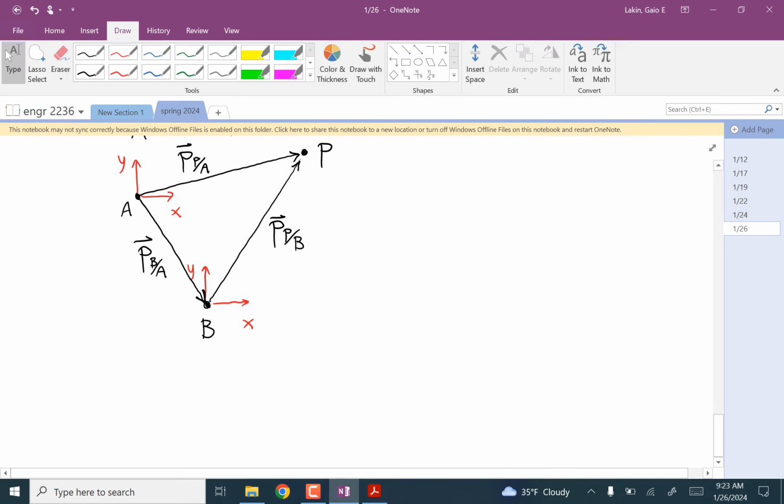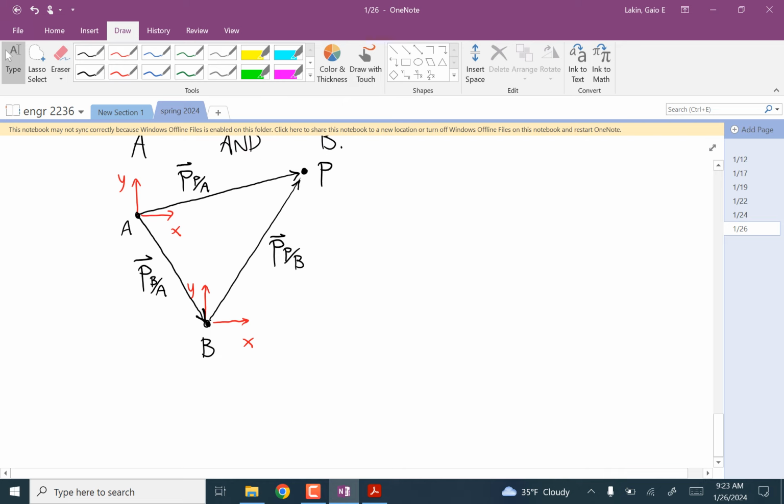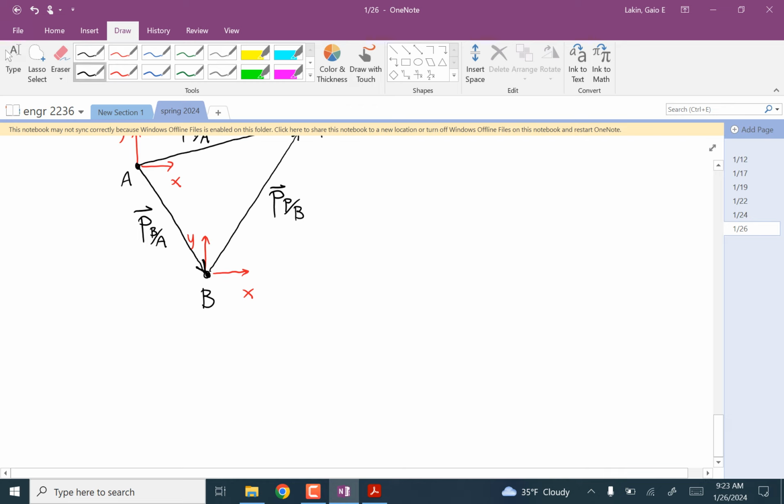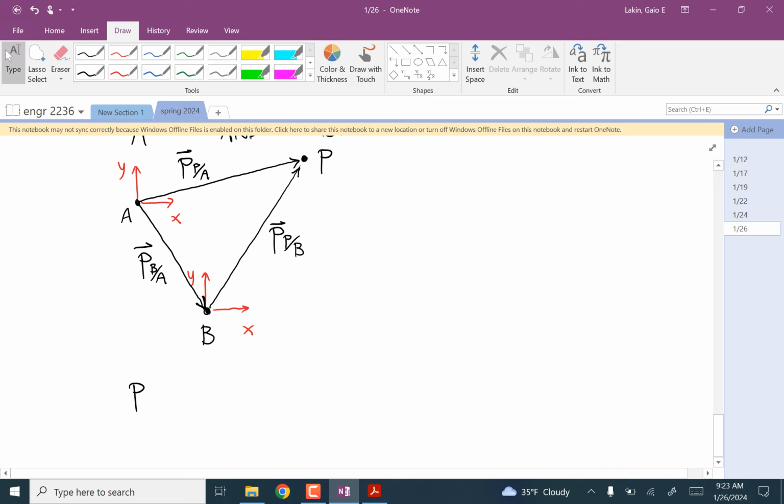So what's the relationship between these things? Just think of how vector addition works. The position of P relative to A, this vector here, has to be equal to this plus this.